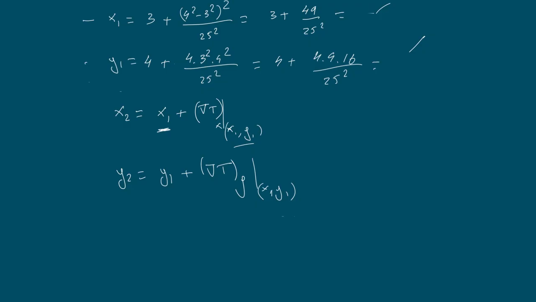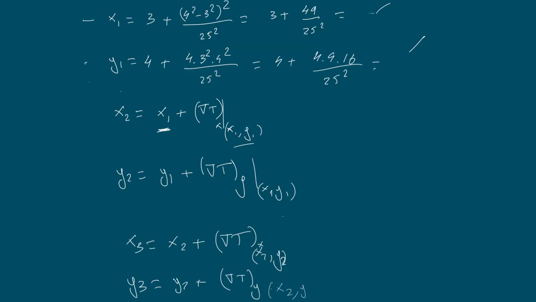So I will keep going. x3 will be x2 plus the gradient of t at the point x2, y2, and y3 equals y2 plus the gradient of t, the component x and the component y, evaluated at the point x2, y2.